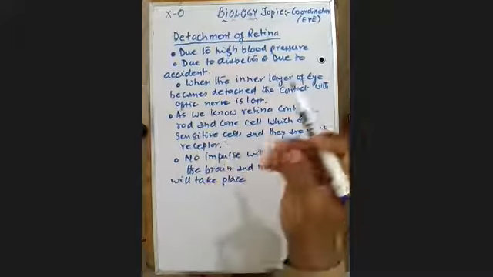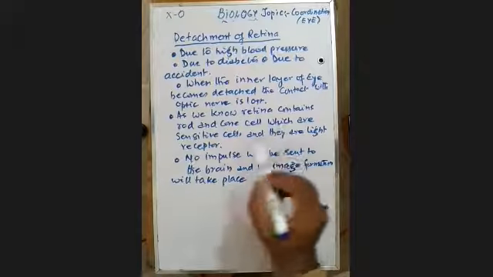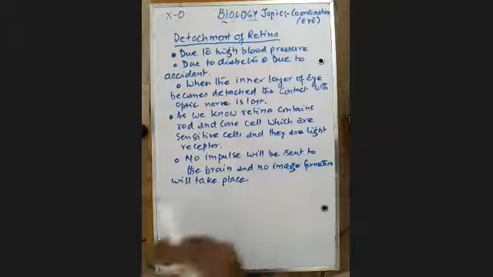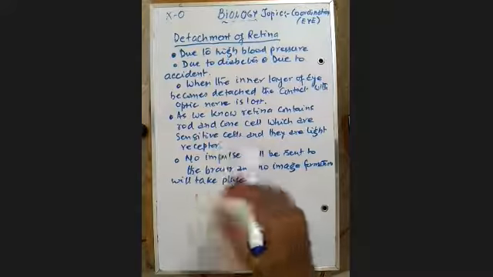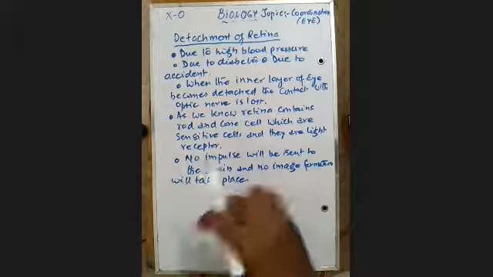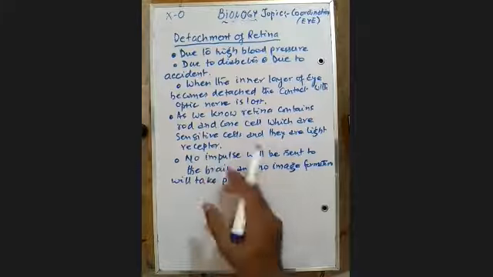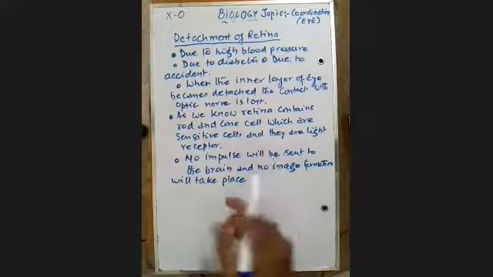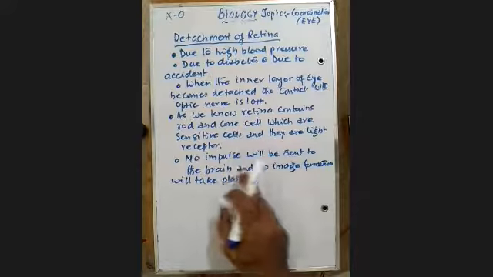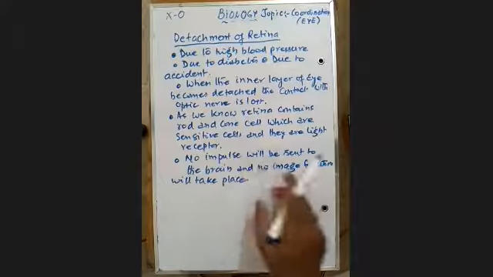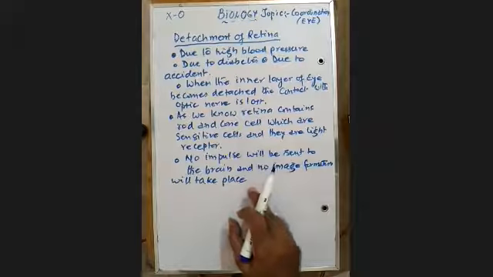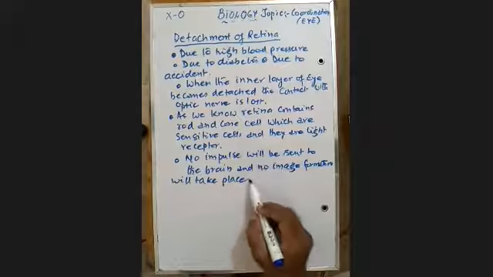The retina contains rod and cone cells, which are photoreceptor cells, sensitive cells. They send the image through the optic nerve to the brain. When the connection with the optic nerve is lost, these photoreceptor cells will not receive the image, so no impulse will be sent to the brain and no image formation will take place.